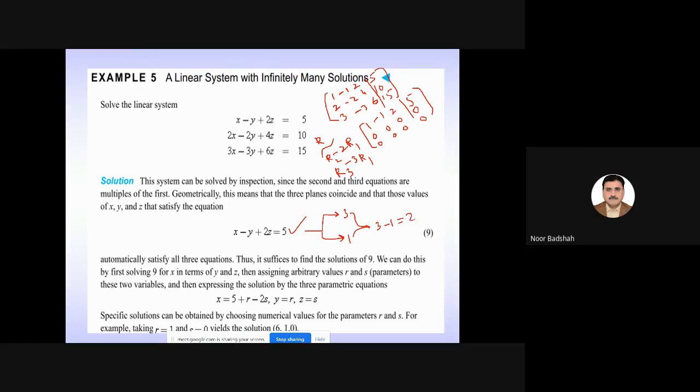So there will be two free variables. It means among these three, x, y, and z, you can give any value to two variables of them.